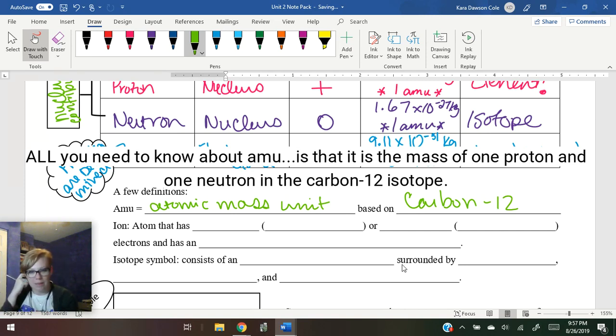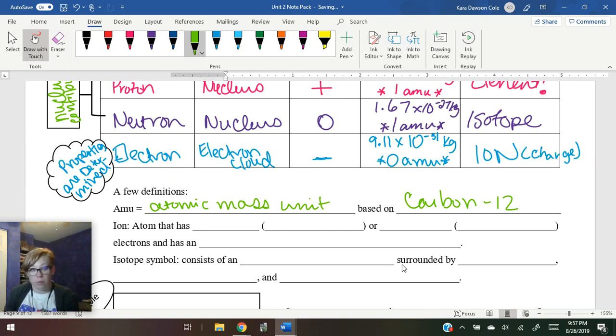Basically, if you break up your 12 divided by your 6 protons and your 6 neutrons, you get the atomic mass unit of 1 for a proton and 1 for a neutron. So it's based on carbon-12. That's all you really need to know. This is the unit that we're going to use the most when we talk about the periodic table.